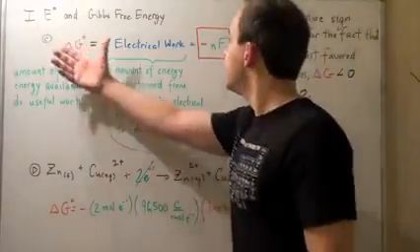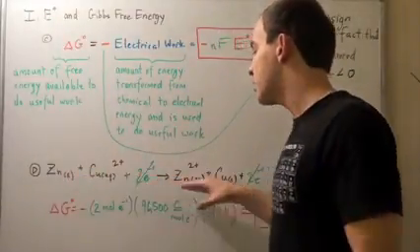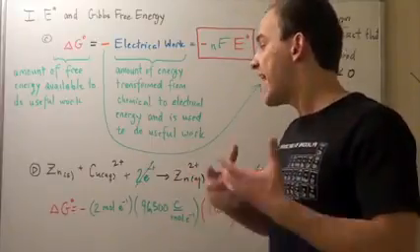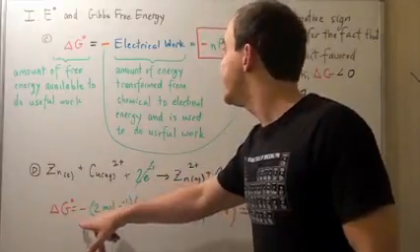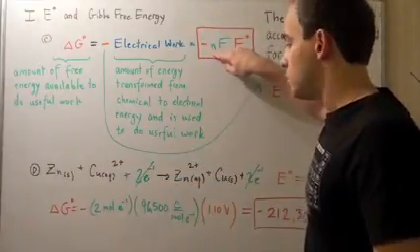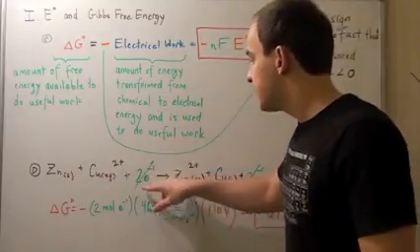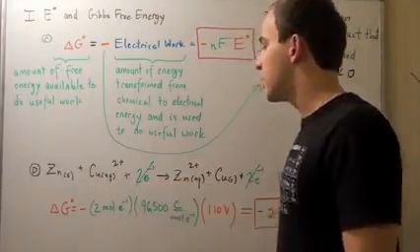So let's use this formula to approximate how much energy this electrochemical cell can produce with the charge that it has. The change in Gibbs free energy is equal to the negative of the number of moles of electrons. In this case, I specifically left these in to show you how many moles of electrons we have.